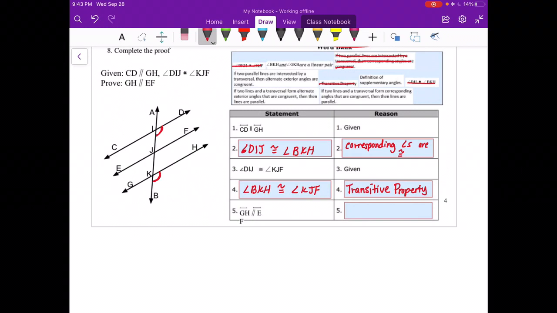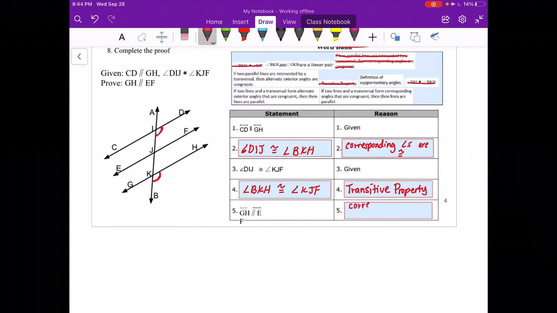And finally, if you go back through each of these statements, the only logical reason for us to prove that GH is parallel to EF is the fact that if two lines and a transversal form corresponding angles that are congruent, then the lines are parallel.